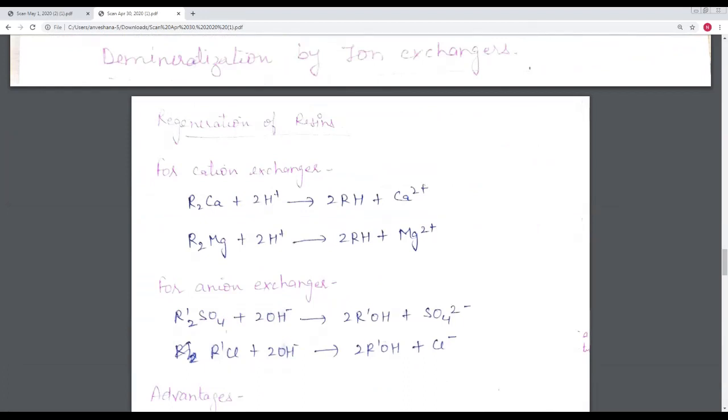Suppose the acid may be dilute HCl or H2SO4. So the acidic part comes from this side. So R2Ca plus H positive gives RH, which is our cation exchanger. And if magnesium is there, R2Mg also converts to RH again, which is again our cation exchanger.